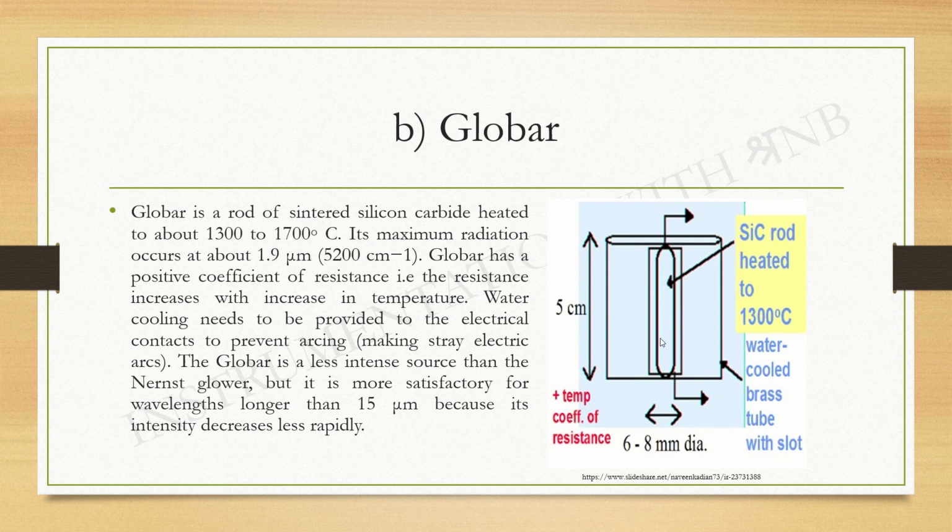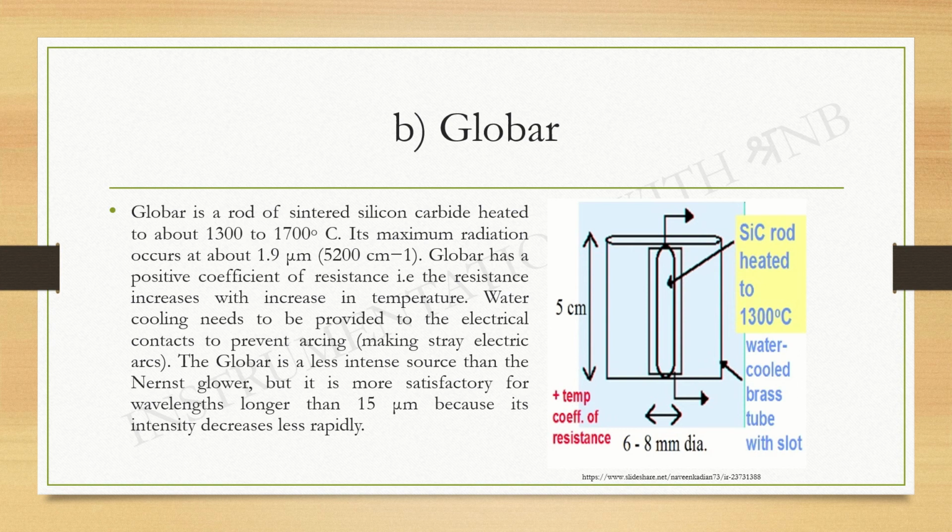Now, the globar source is less intense than the Nernst glower, but its intensity decreases less rapidly. The intensity of the Nernst glower decreases more rapidly than the globar.